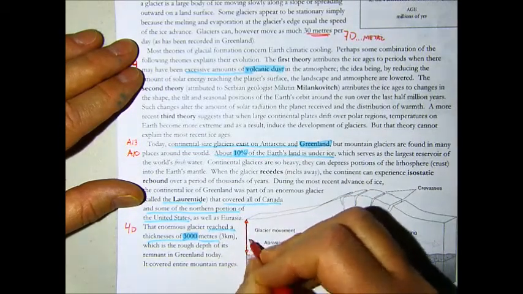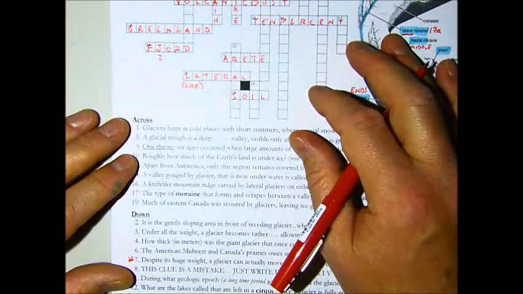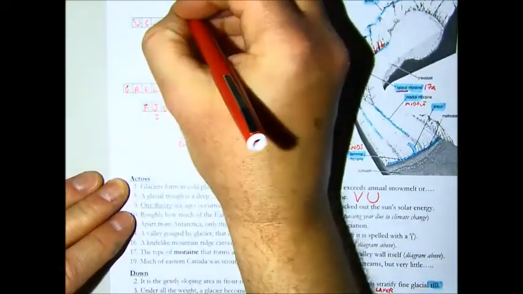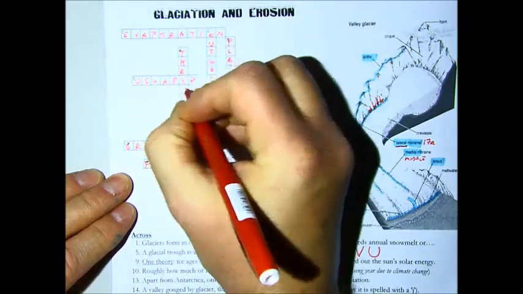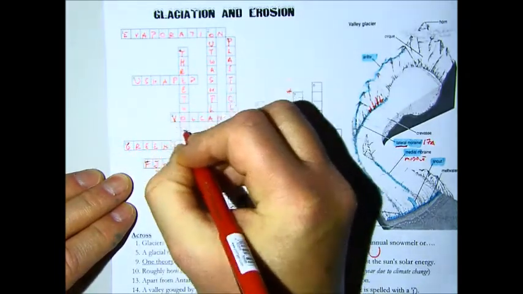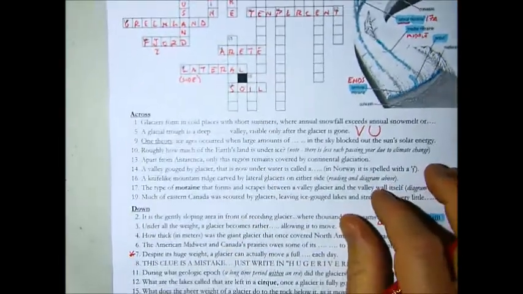Can you imagine ice 3 kilometers thick? Okay, so what did we need to fill in here? We needed 3,000. There we go, 3,000. Good.